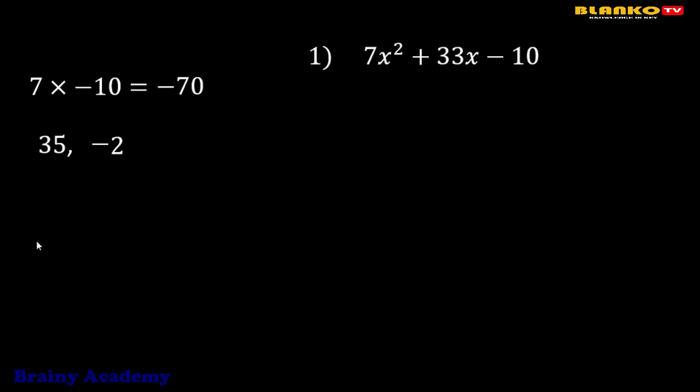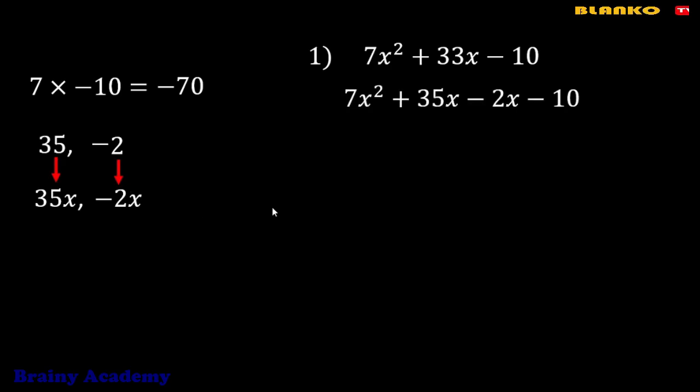So let's now represent the middle term, 33x, by 35x and negative 2x. So the expression becomes 7x squared plus 35x minus 2x minus 10.